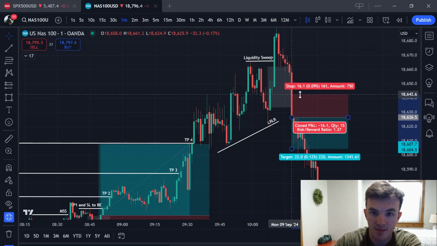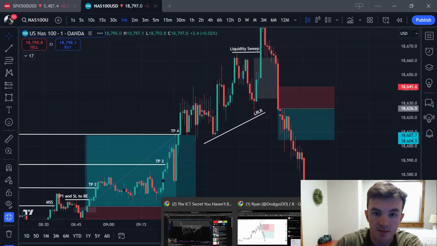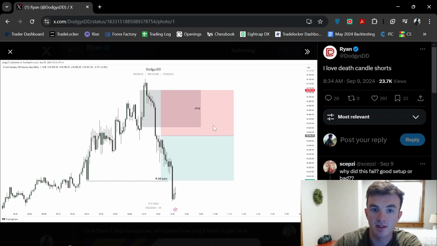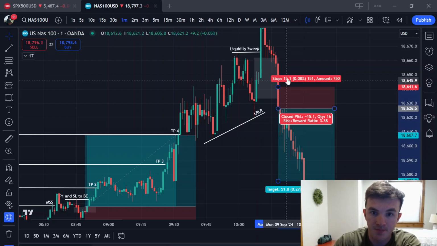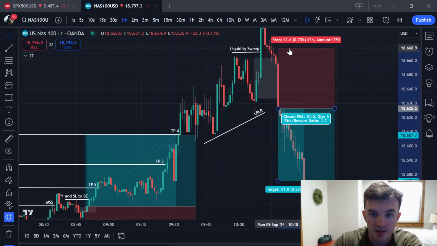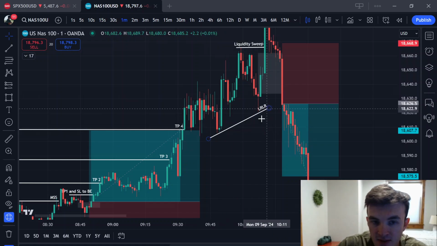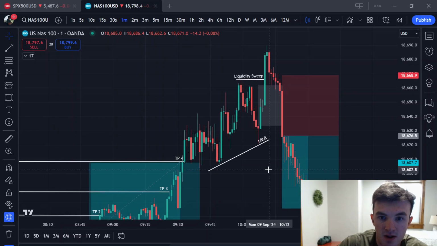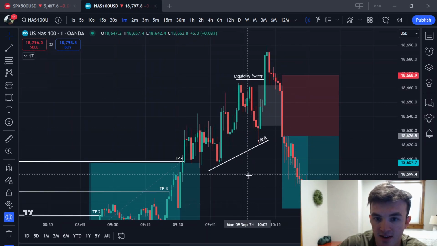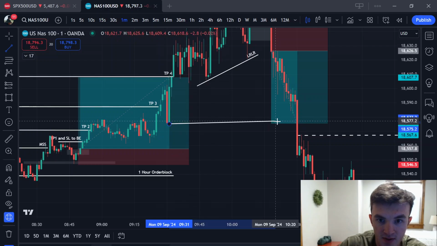Now I'd probably put your stop like here or something, but let's see where he put a stop. Okay, you need to put your stop all the way up there, but he targeted the low all the way down here, so definitely learn from that trade. But I'm guessing with it being such a clear low resistance liquidity run and with it being such a big death candle, this gave Dodgy a lot of conviction. So super nice trade.